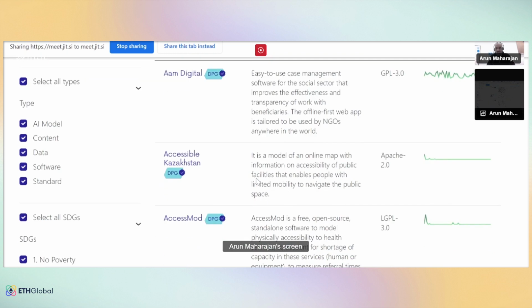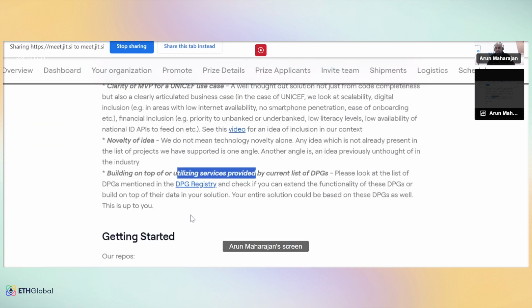So do take a look, and if you are able to build on top of this, or maybe extend the functionality of some of these DPGs, or use their data in some way, basically link to them, that will be very cool, because we do want this to become an ecosystem of its own. Many of those DPGs have nothing to do with Web3.